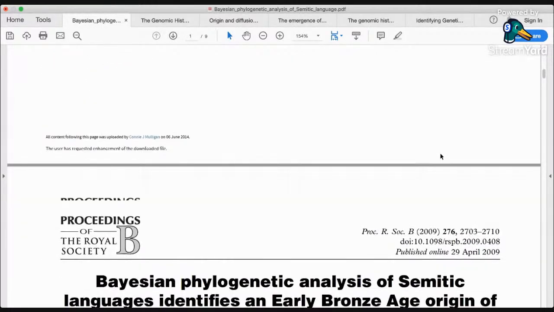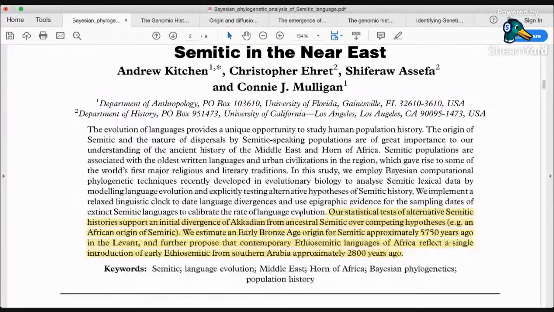Okay. Our statistical tests of alternative Semitic histories support an initial divergence of Akkadian from ancestral Semitic over competing hypotheses, e.g., an African origin of Semitic.